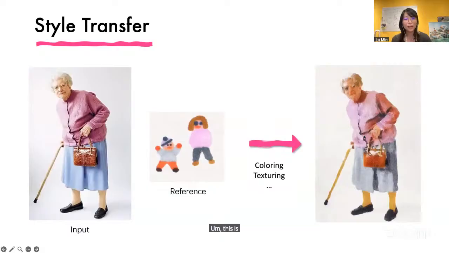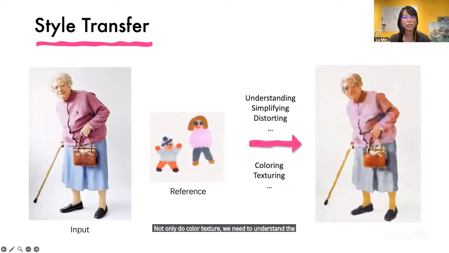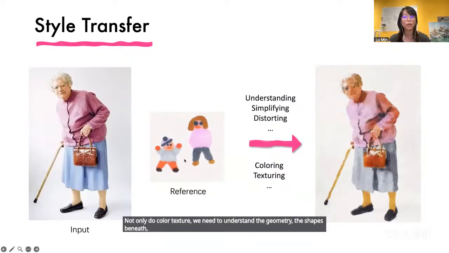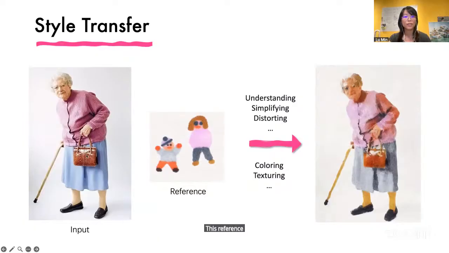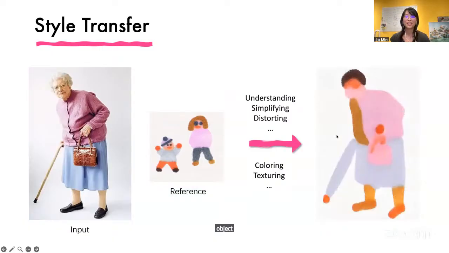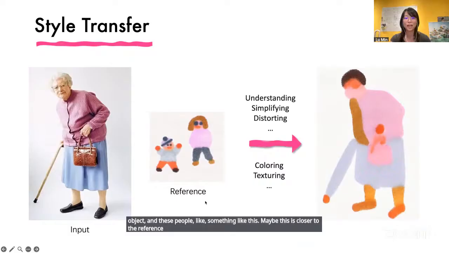This is good, but it's not very close to the style represented here. So what is missed is that, not only do we need color and texture, we need to understand the geometry, the shapes beneath this reference, and re-represent these people like something like this. Maybe this is closer to the reference in terms of style.